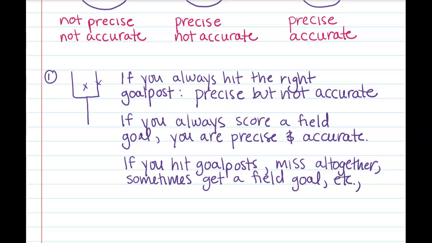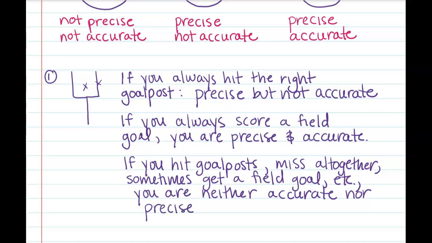Let's say you're basically doing it blindfolded, or you're just really bad, like I probably would be if I tried. Well, you're not accurate because you're not doing what you want, getting field goals. You're neither accurate nor precise. You're not precise either because the way you're missing your field goals is not consistent.